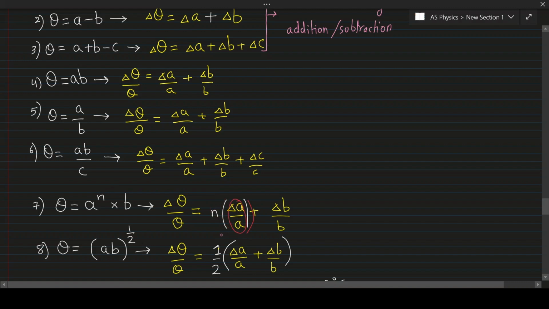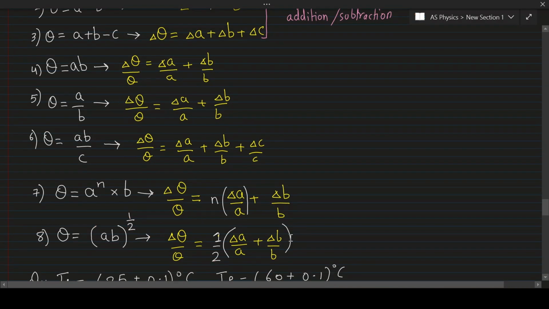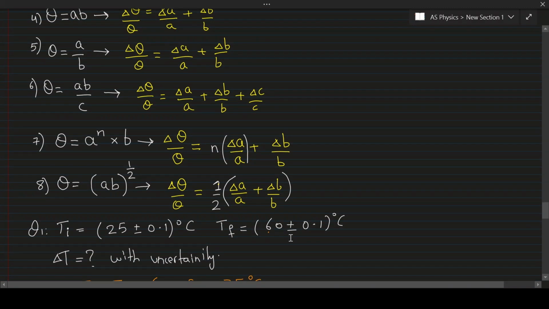That is how you're going to compute this. Like if this power is square, then you're going to use this. Similarly, you can see example 8. We are going to multiply the half with the whole fractional uncertainty. So you need to remember these rules.